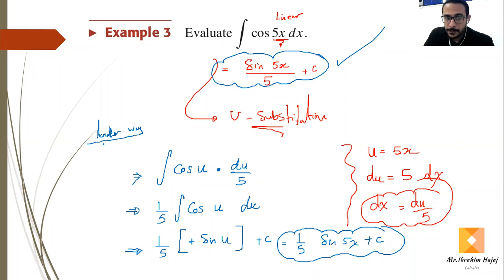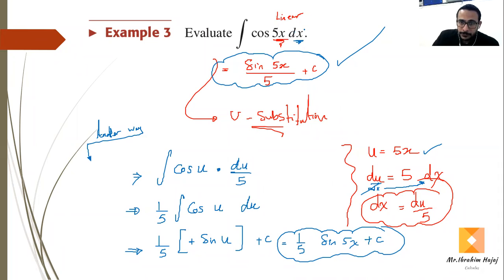Mister, can you explain again the du and dx part? Yes, you understand u equals 5x. The derivative du over dx, like dy over dx, equals 5. So I bring the dx to the right-hand side and divide each side by 5 to replace the dx.